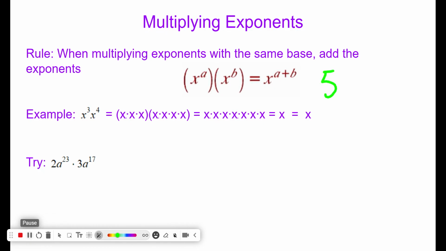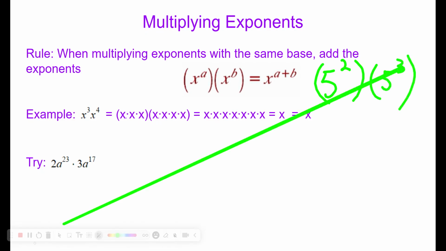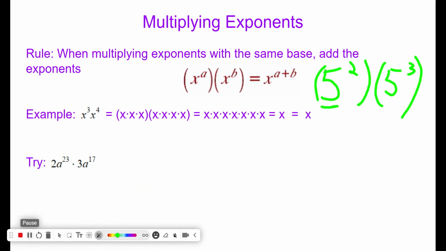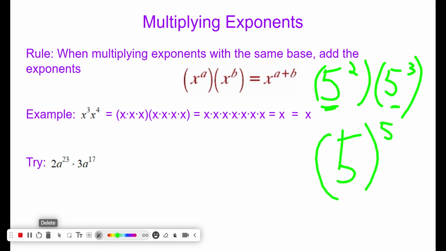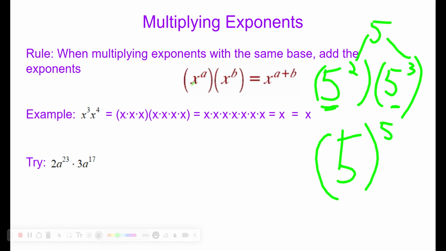So if we had 5 to the second power times 5 to the third power, as long as the bases are the same, 5 and 5, this is going to equal 5 to the power of 5 because 2 plus 3 equals 5. If x were to the power of 4 and this x were to the power of 6, 4 plus 6, this would be x to the 10th power.